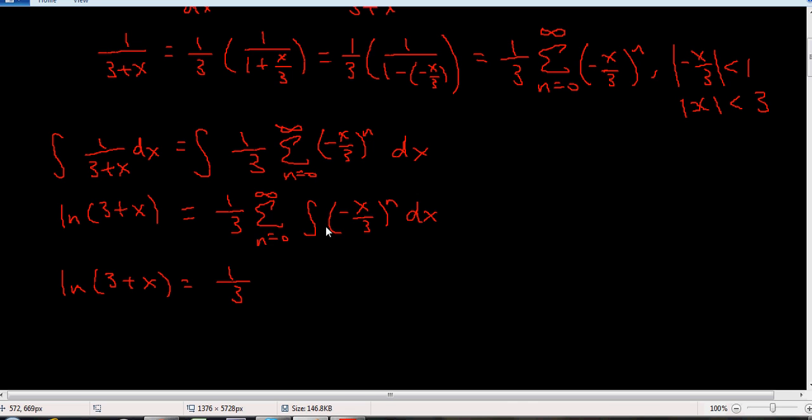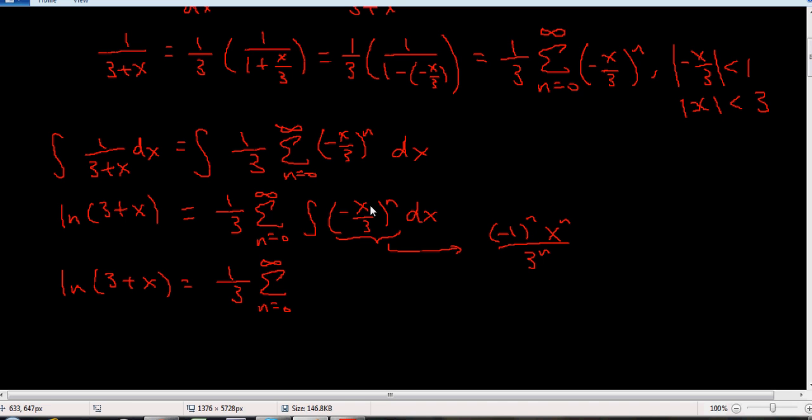So this is actually equal to the sum from n equals 0 to infinity of the integral of, well, actually, hang on, why don't I do this? I can say this thing here is equal to negative 1 to the n, x to the n, over 3 to the n. I'm just splitting this up over 3 to the n.